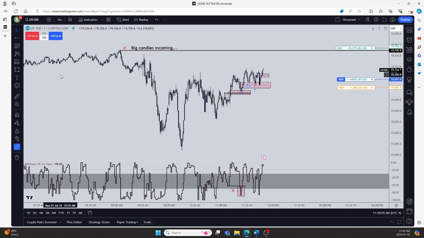Okay, now especially that we've traded above this BPR, okay, we should get those big candles now if we're going to be correct on our bias. If price does come back down to our entry, I will start to remove myself from the trade, from the market.